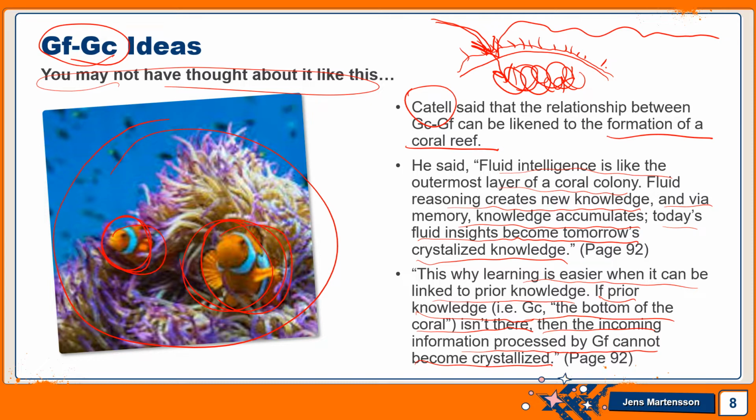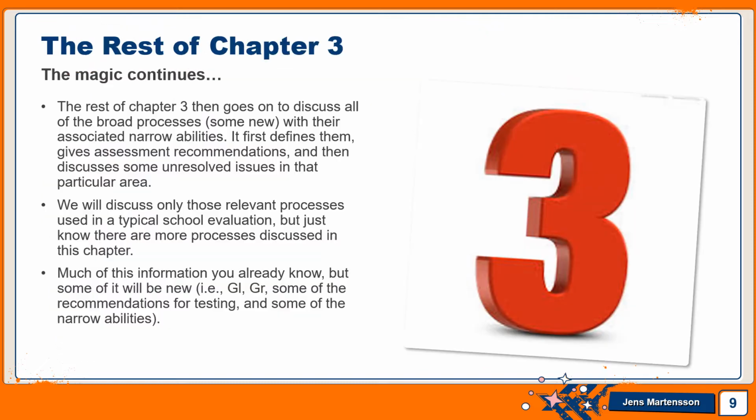So I thought that was a really cool way of looking at that, and it really shows the importance of those two areas, which is why whenever you do an assessment and you're trying to get an overall average ability, if you have a deficit in one or both of GF and GC, usually you don't get the overall average ability just because they're so important.